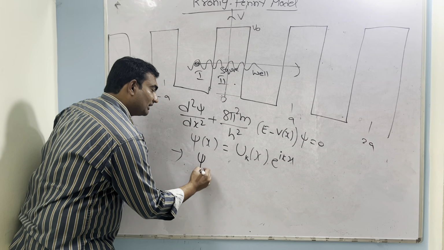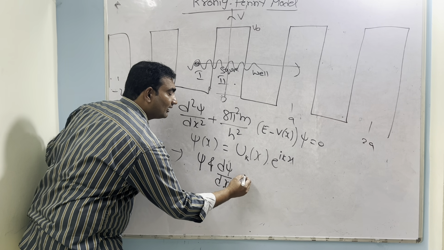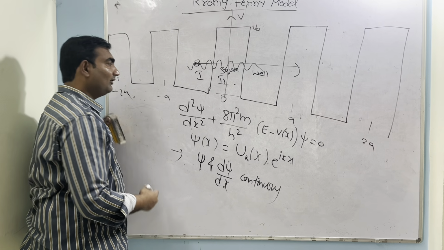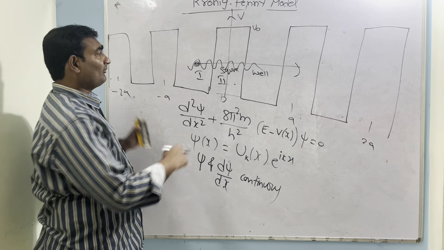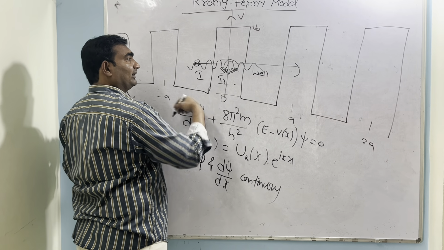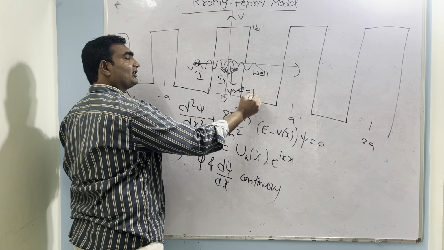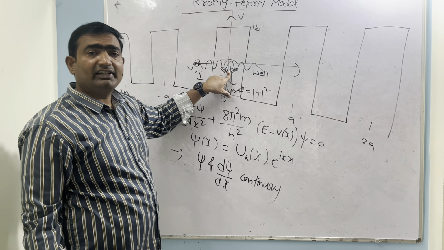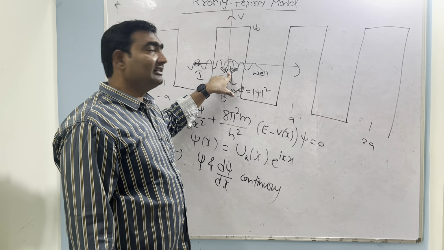The second thing, to further simplify the mathematical equations, Kronig and Penny assumed that psi and d psi by dx are continuous functions. Why did they make this assumption? Because at any point, for example, you take this point, if you take psi and multiply it with psi star, you would get mod psi square, which is the probability density function at that point, which means the chance of finding the electron in this region.